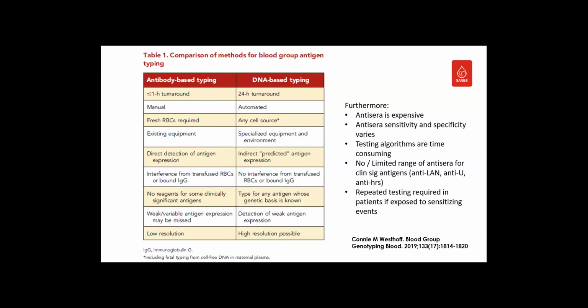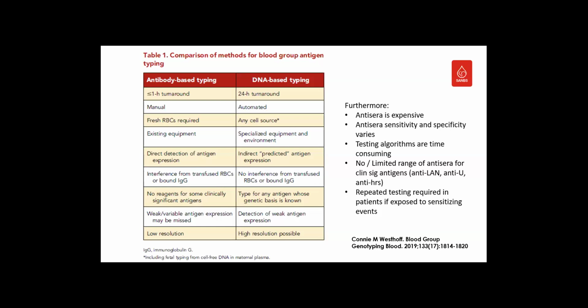Obviously, in terms of equipment, there's a big difference. The DNA-based typing platforms are highly complex. They have a big integrated computer element and software, so much more complex than antibody-based testing.